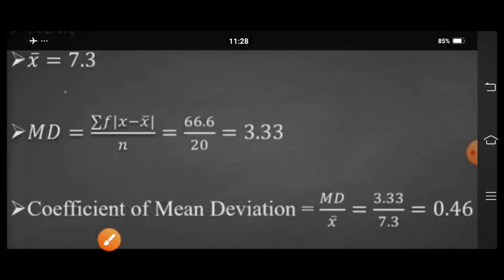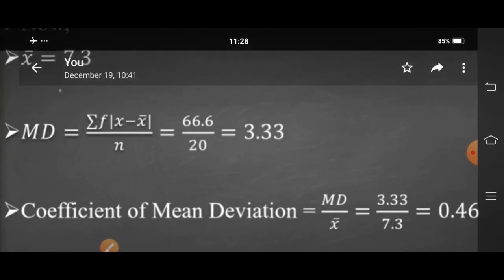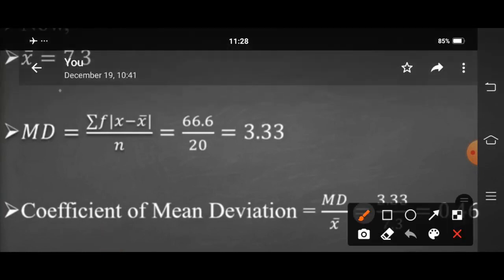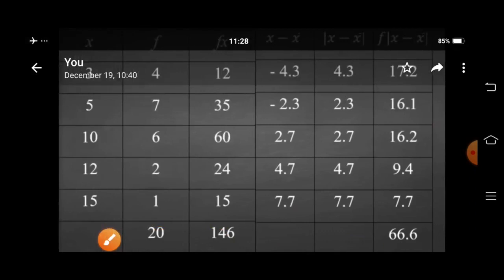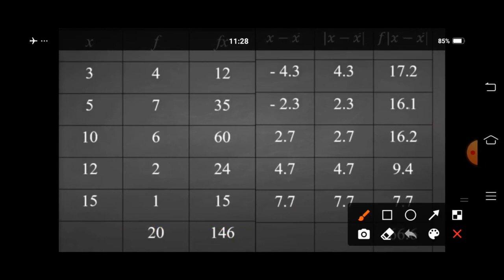For solving this sum, we need sigma f times the absolute value of x minus x bar. So for this, we have to multiply the absolute value of x minus x bar with f. We will add one more column here: f times the absolute value of x minus x bar.